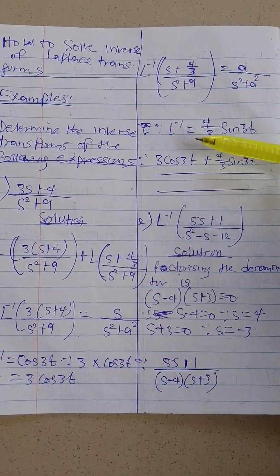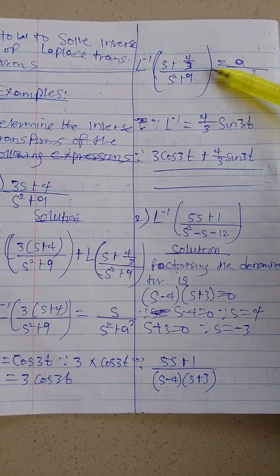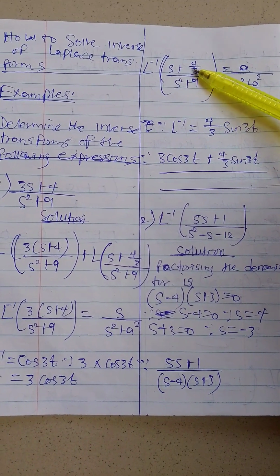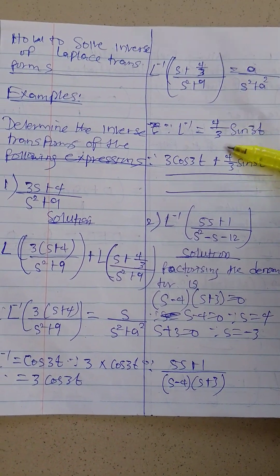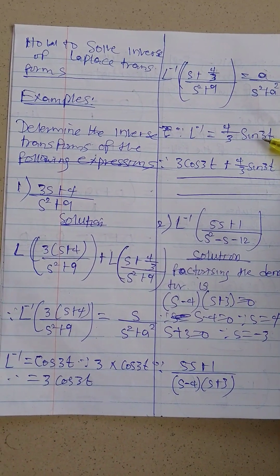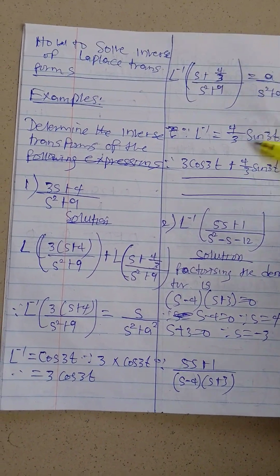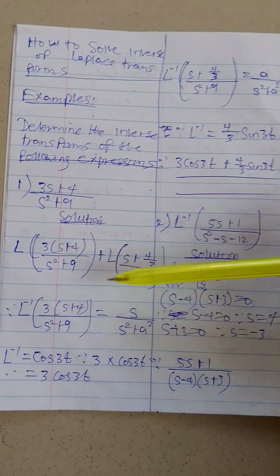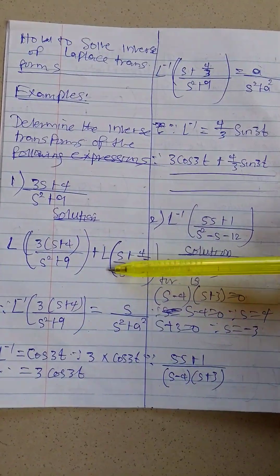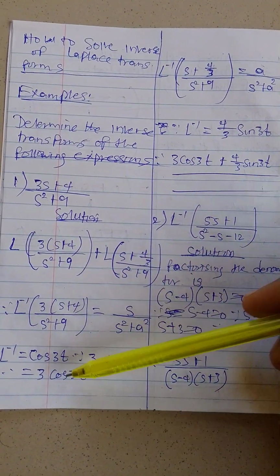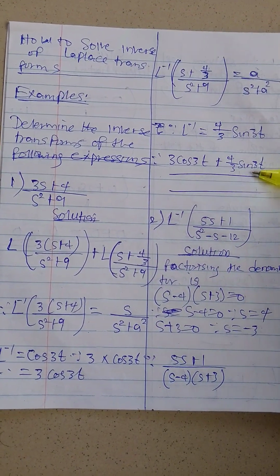So therefore that becomes this 4 over 3, because the coefficient here is 4 over 3. Okay. So that becomes 4 over 3 sine 3t. So therefore, if you add up everything here, that becomes 3 cos 3t plus 4 over 3 sine 3t.